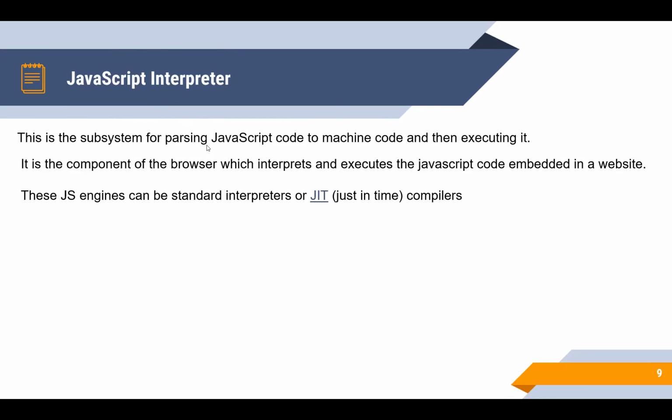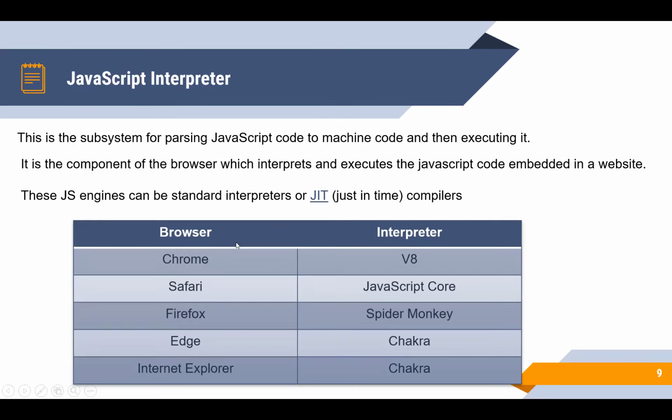Why I explained all this story was to explain the meaning of the interpreter. The interpreter will take the JavaScript code and convert it to machine language so that your computer can understand and act accordingly. Now what are the different types of interpreter available in different browsers?